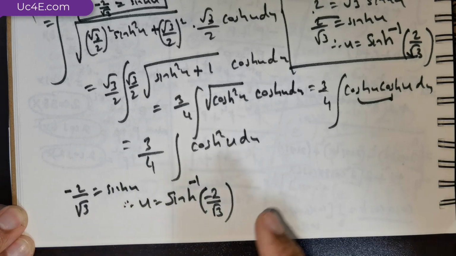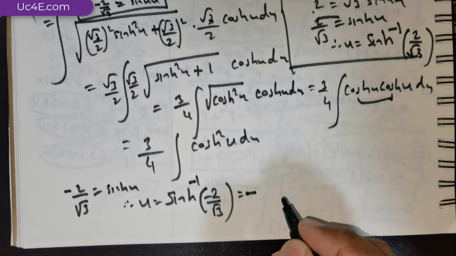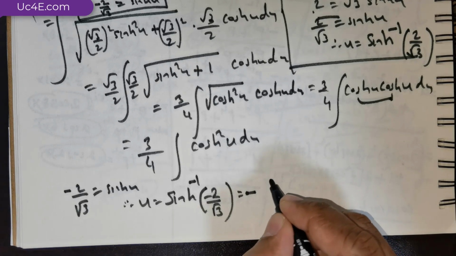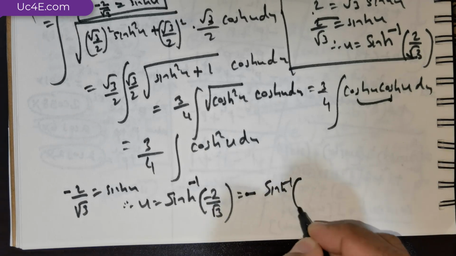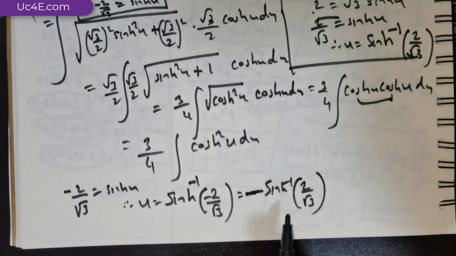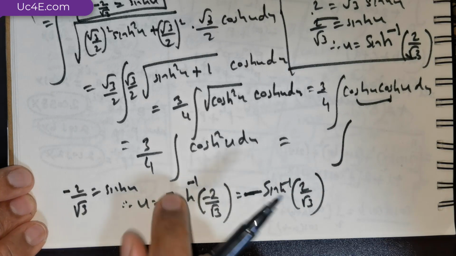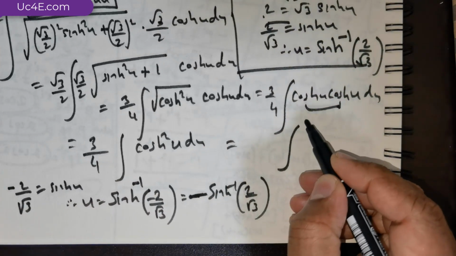Now you can take the negative sign out and write this as negative, right? It's always possible to do that. Negative sinh inverse of 2 over root 3. So this is what you got, right? So this is one of the limits. So I can rewrite this as integral. This is actually the lower limit. Upper limit is 0.